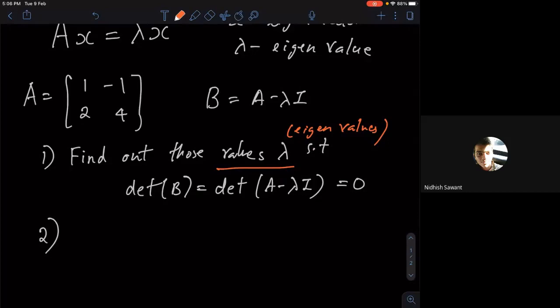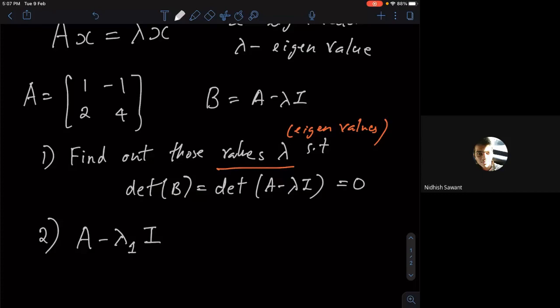How will I find out the eigenvectors? I'm going to substitute these lambdas. So these eigenvalues will be lambda 1, lambda 2 up to lambda n, and I'm going to substitute each of them in A minus lambda I. I'm going to write A minus lambda 1 I, where lambda 1 is one value for which the determinant of A minus lambda 1 I is 0.